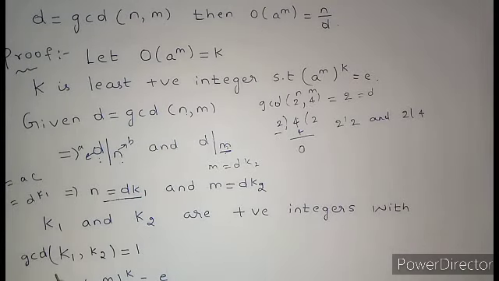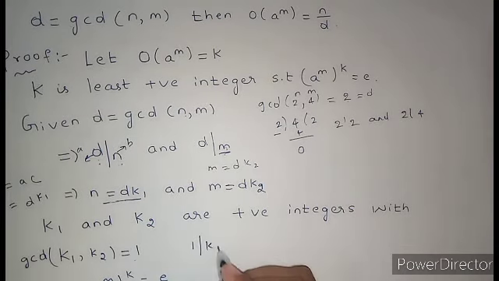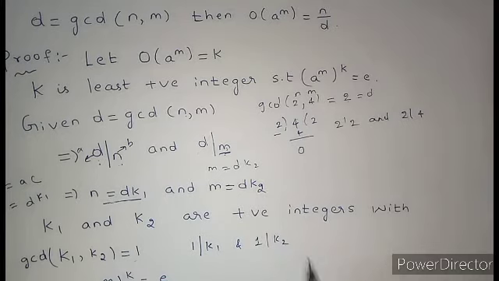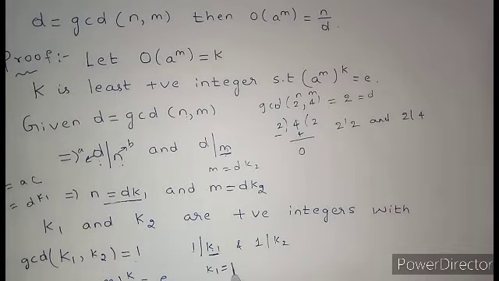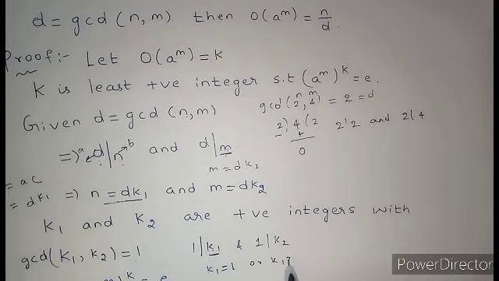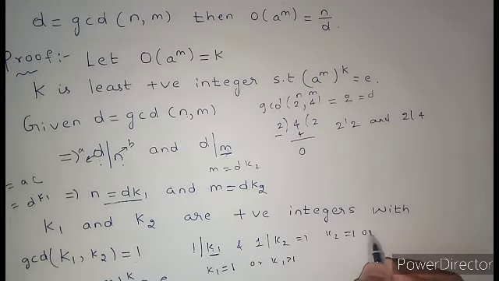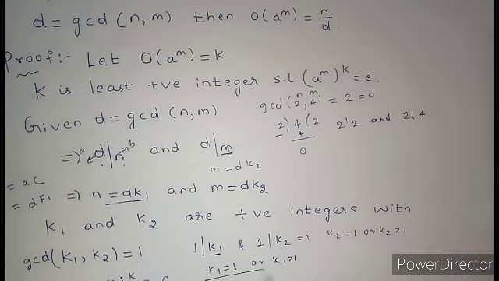Here k1 and k2 are positive integers whose GCD is 1. That implies 1 divides k1 and 1 divides k2. So 1 divides k1 means k1 is either equal to 1 or greater than 1. Likewise k2 is equal to 1 or greater than 1.